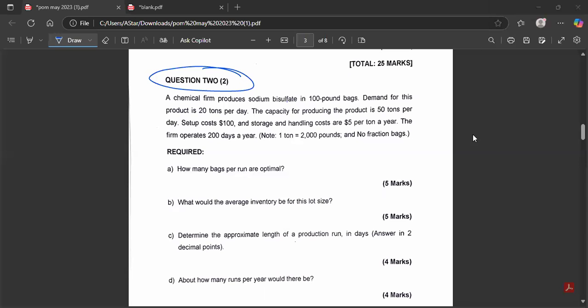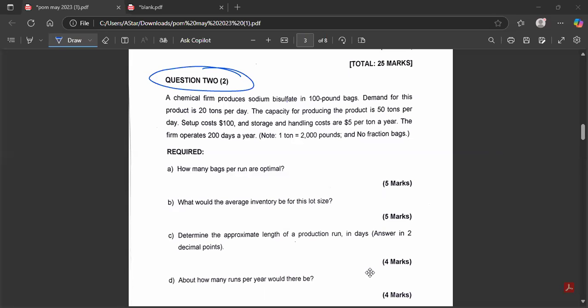So are you able to see this question paper? Hello? Are you able to see this question paper? Oh yes, okay, I am now.